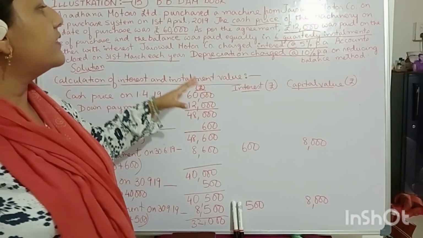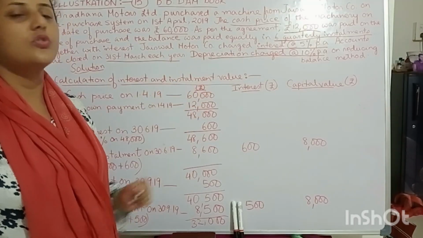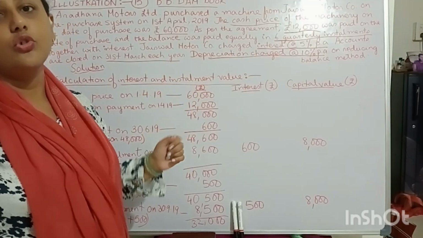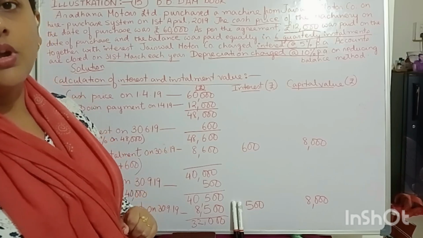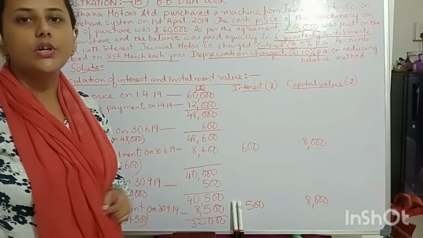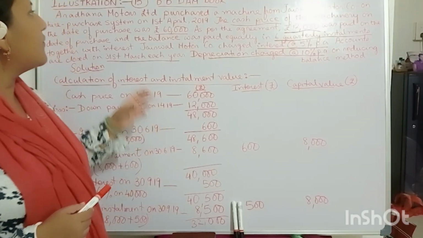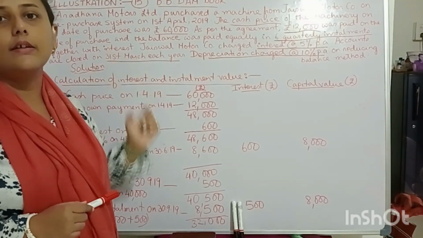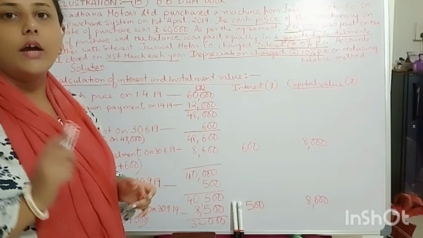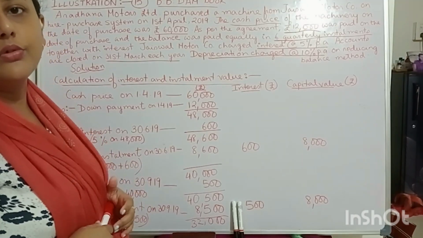In this question it is also asked to calculate the amount of depreciation, as well as ledger accounts to be prepared in the books of the hire purchaser, that is Aradhana Motors Limited, under full cash price method.